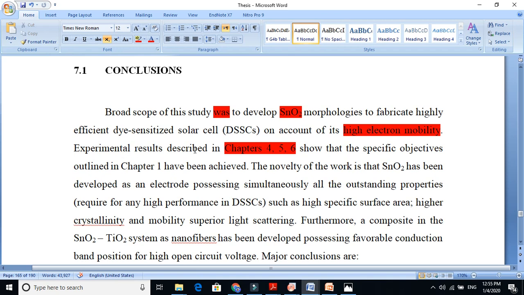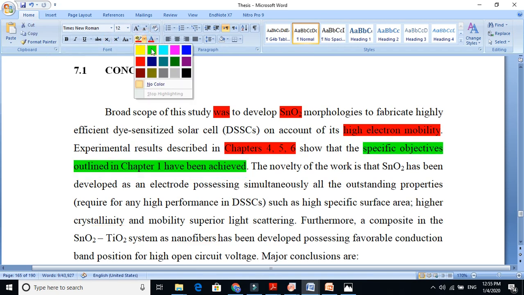Experimental results described in chapters 4, 5, 6 show that the specific objectives which we outlined in chapter 1 have been achieved. Very nice. We define some objectives in our chapter so that we achieve our target, and those objectives have been achieved in chapter 4, chapter 5, chapter 6.